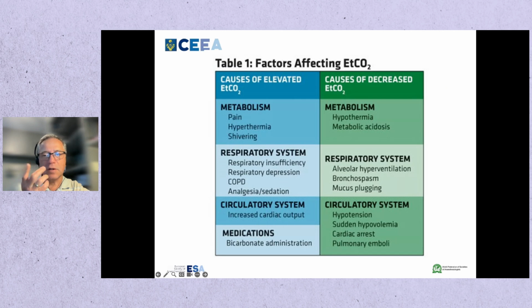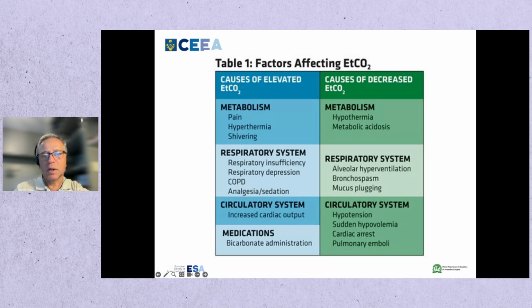There are factors that can cause elevation or drop in end tidal CO2. They are listed here, on the left and on the right side of the table. On the left are causes of elevated end tidal CO2, and on the right, causes of decreased CO2. They could be subdivided into metabolism, respiratory system, circulatory system, or indeed medications.